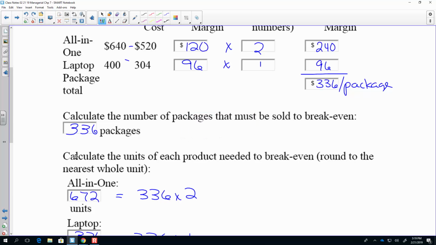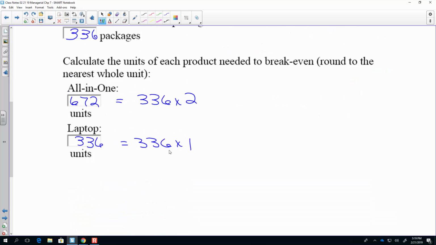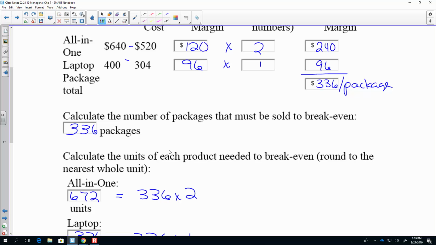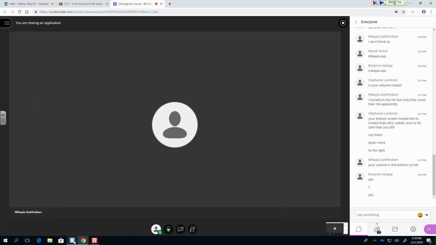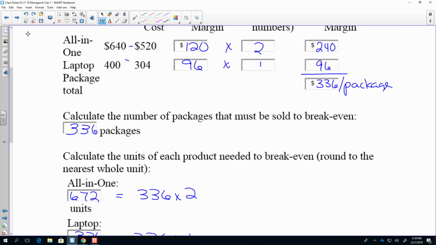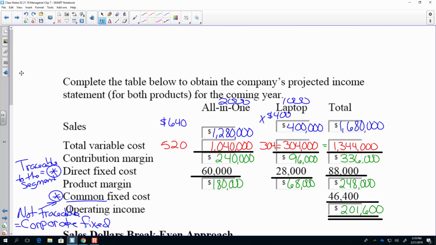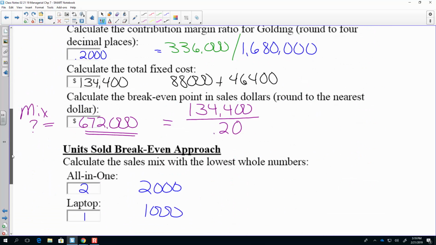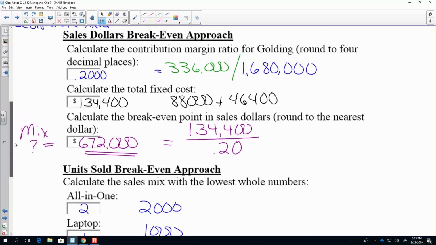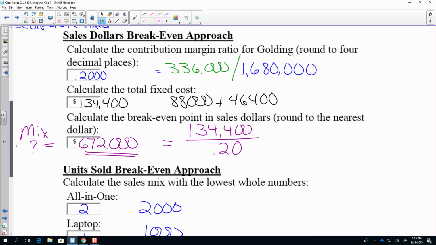Brianna says 400. What was my fixed cost? 72,000? Nope, it was the 134.4.